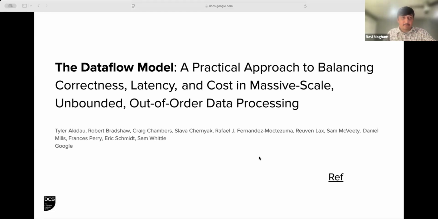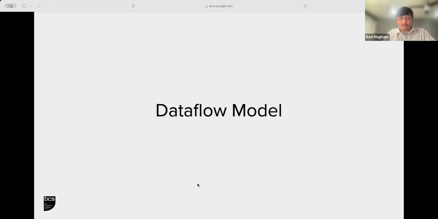Okay, so we're discussing the data flow model. Just a quick recap: the challenges of data flow in stream processing are, first, the unbounded nature of the data. The second is that data can come in out of order. That brings up a unique challenge: how do you trade off between latency and correctness?